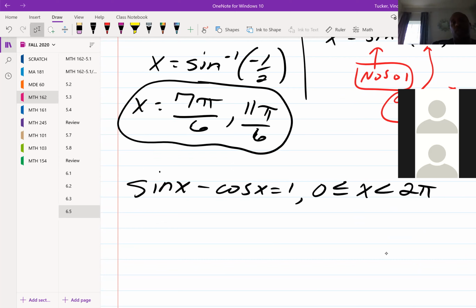All right, so here we have sine x minus cosine x equal to 1. So in its current state, there's not much you can do with it.